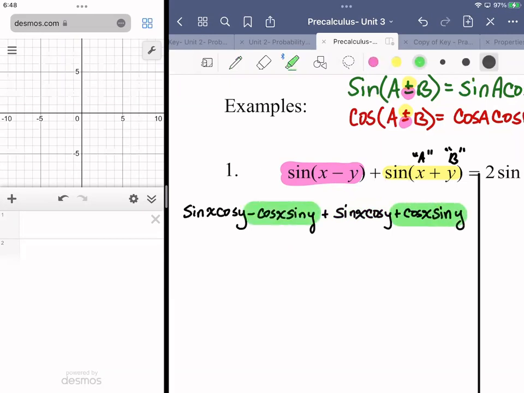These two are exact opposites of one another, so they would cancel each other out. In which case I'd be left with 1 sine x cosine y plus another 1 sine x cosine y. Two like terms, put them together, I'd have 2 sine x cosine y.